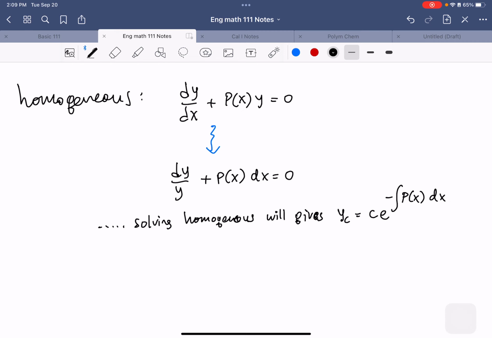Or we can simplify this yc as c y1, and y1 is e to the power of that integral.